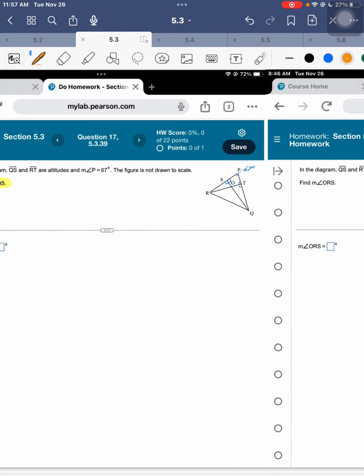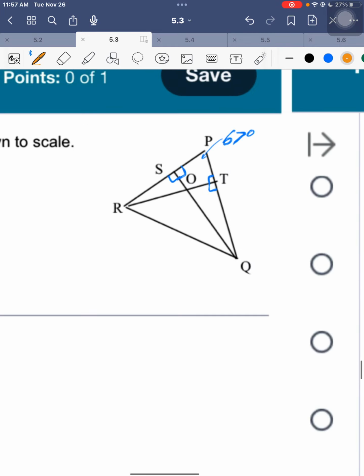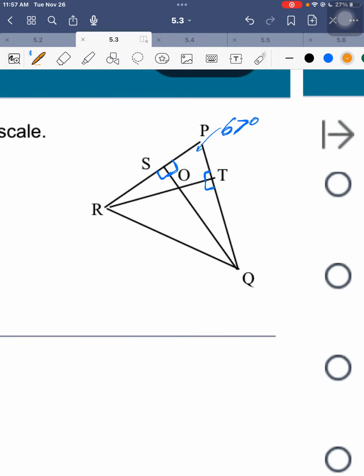Okay. So now what is the angle that they want me to find? PQS. So they want me to find this angle right here. Okay. So they want me to find this guy.